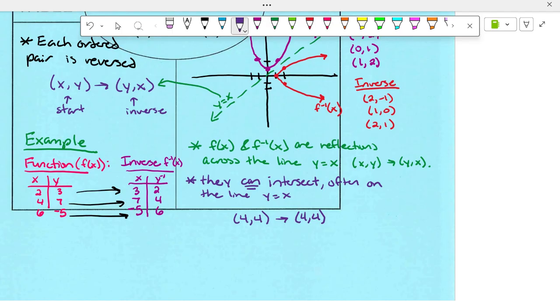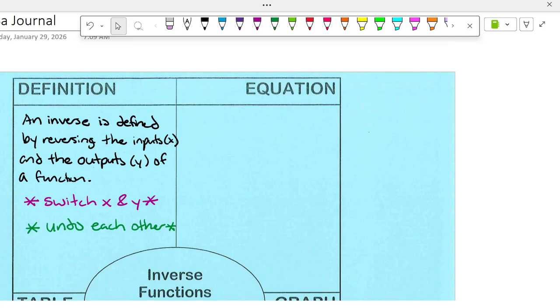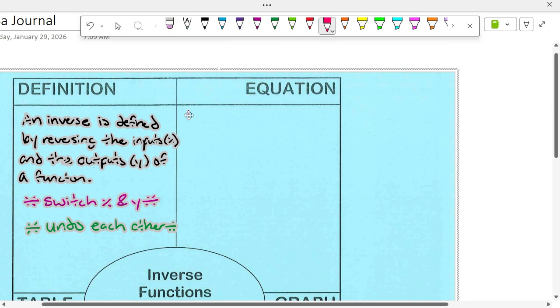All right, so here's the new thing: how to rewrite an equation for an inverse. We're going to start with the actual steps.